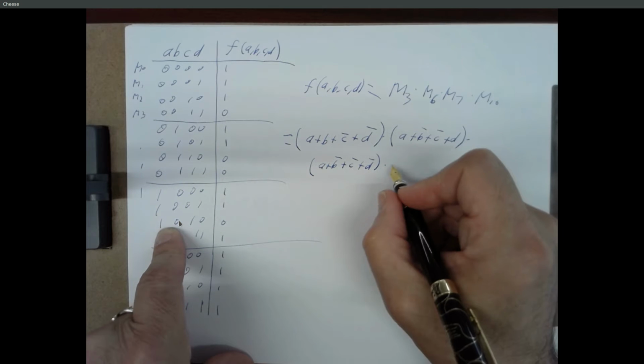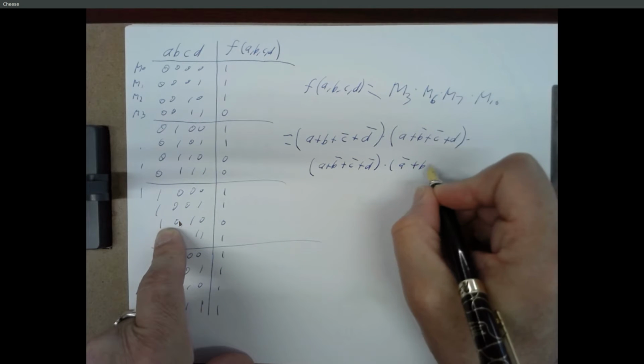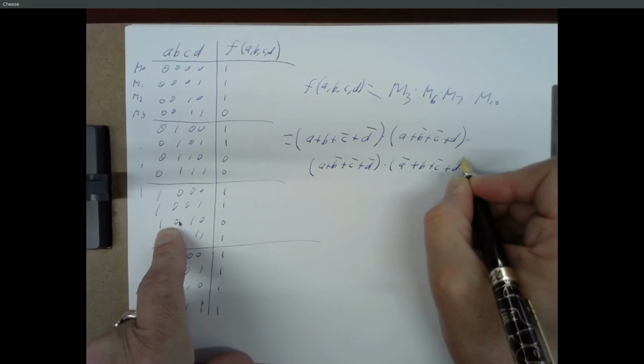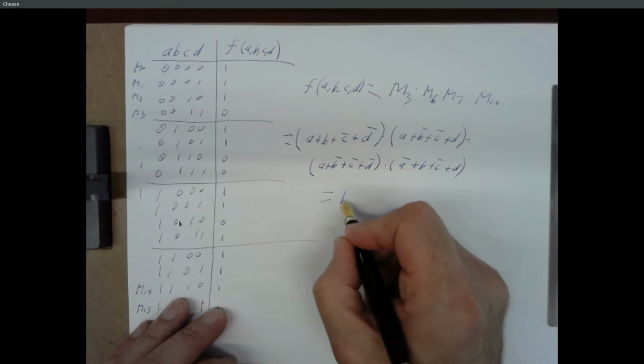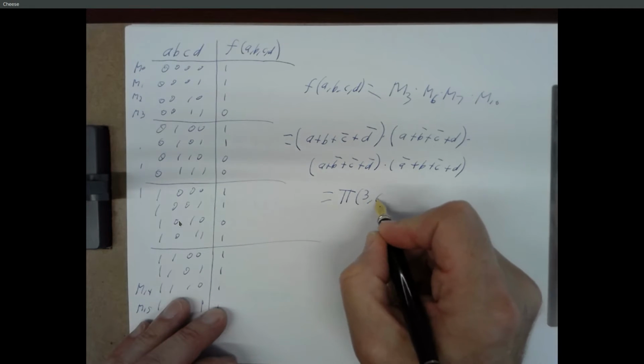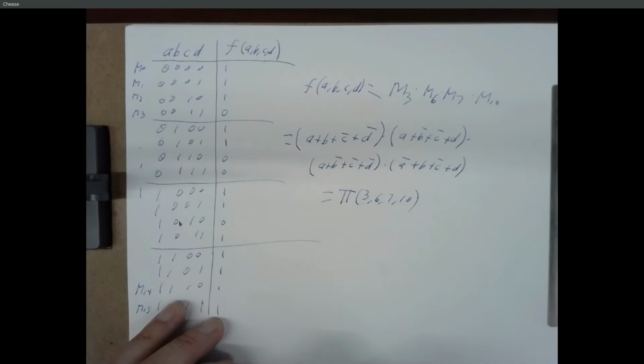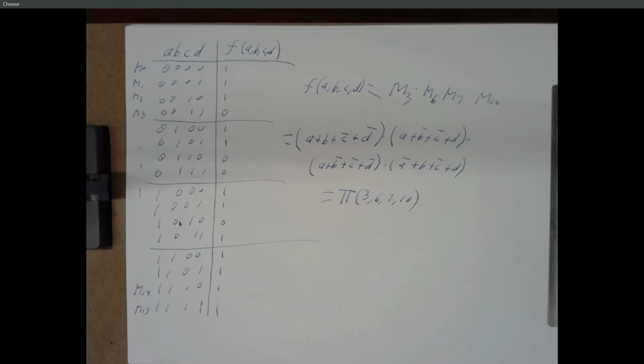And then M10, A bar, B, C bar, D. So there's the full representation of F. And if you want the super compact form, we can write that. And it just means it's the product of those 4 max terms.